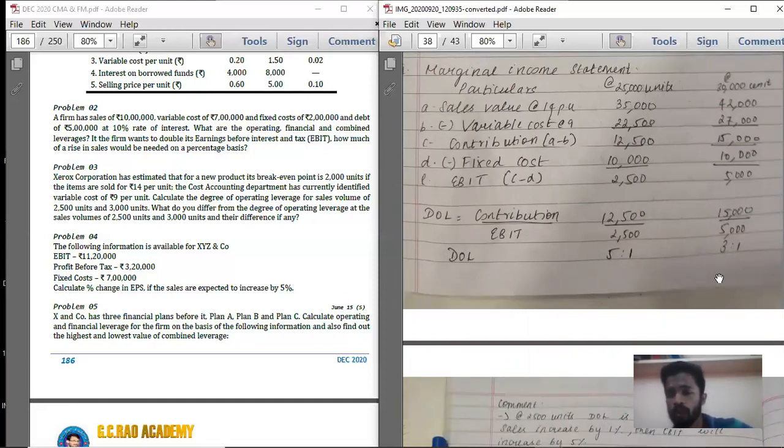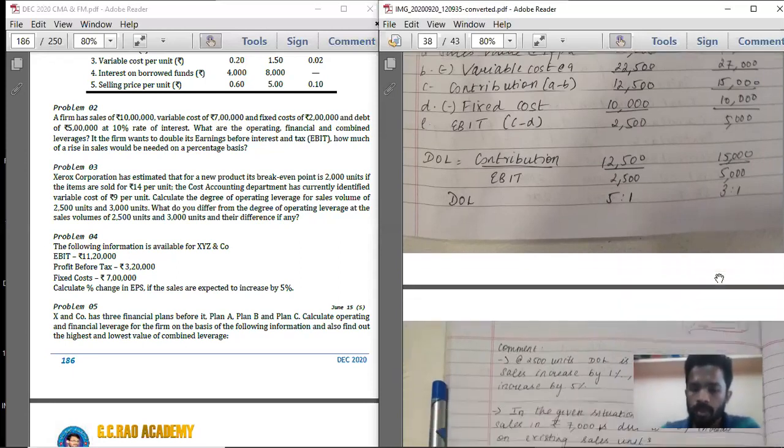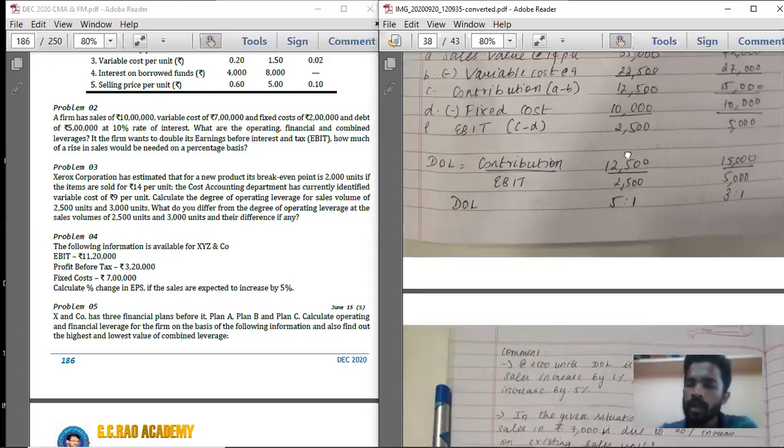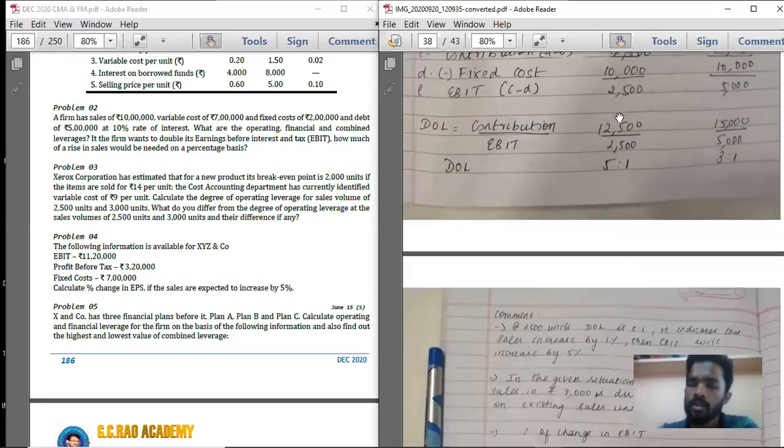And for 3,000 units, put 15,000 divided by 5,000. 12,500 divided by 2,500 is 5:1, and 15,000 divided by 5,000 is 3:1. In respect of that, put DOL, degree of operating leverage. Now see, degree of operating leverage is 5:1 under 2,500 units and 3:1 under 3,000 units.